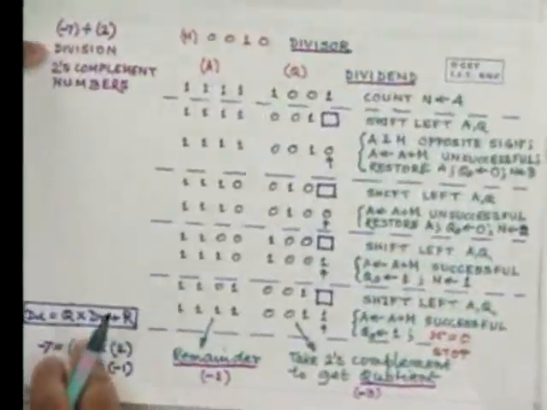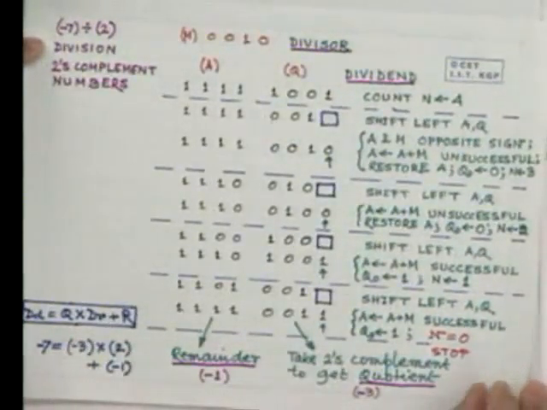Now, I would like to stop here regarding the arithmetic operations of integers. Let us at this point summarize what we have discussed. As far as integers are concerned, we have discussed the sign magnitude as well as the 2's complement representation.